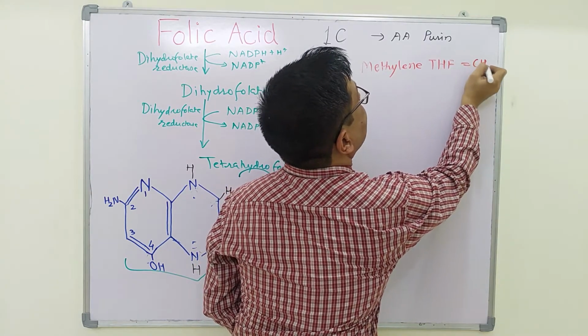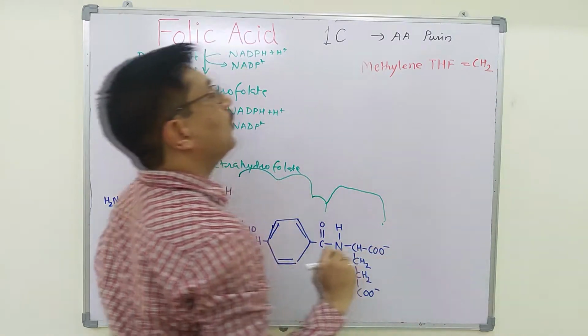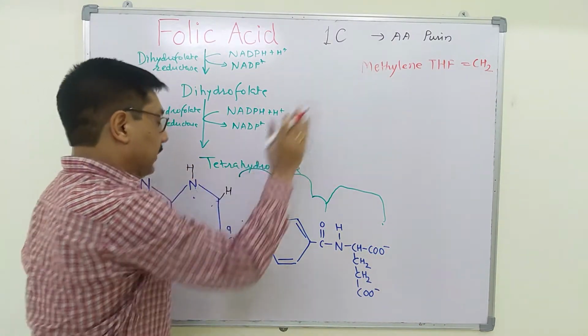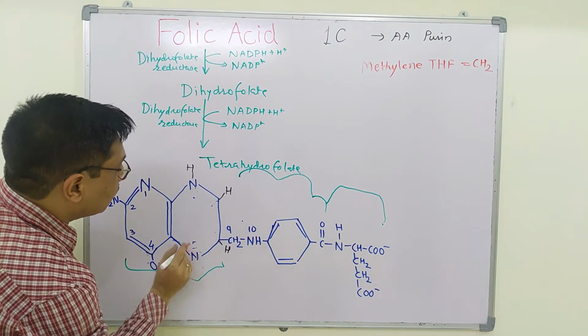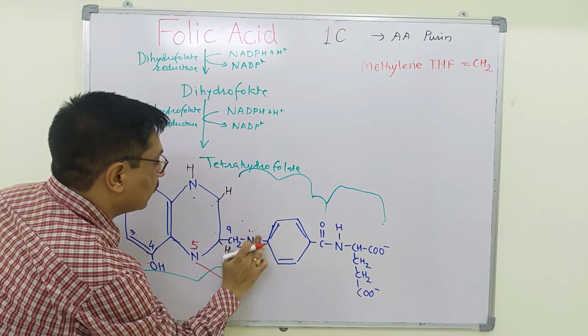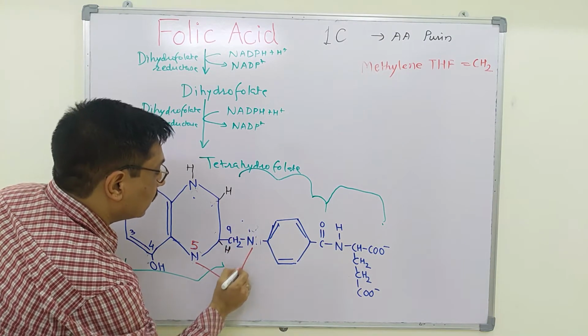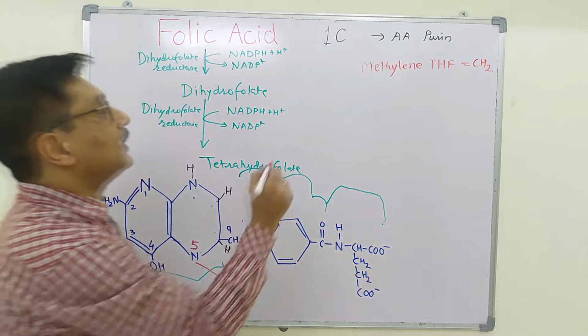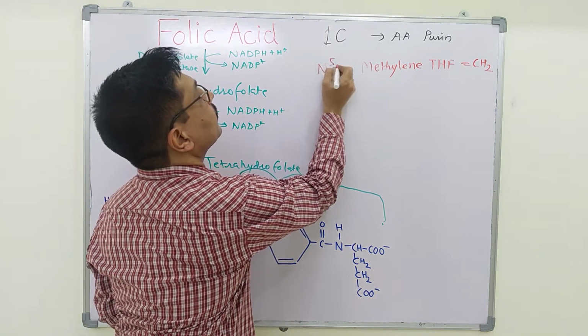Methylene is this group, double bond CH2. This methylene is attached at this N5 and N10. So it is called as N5N10 methylene tetrahydrofolate.